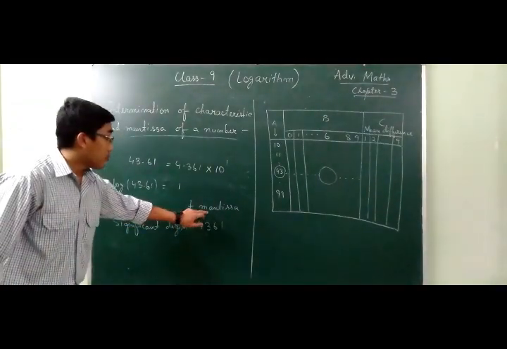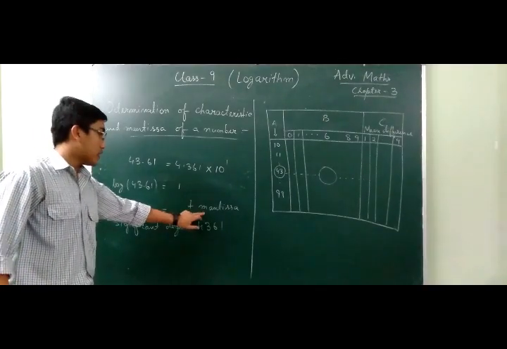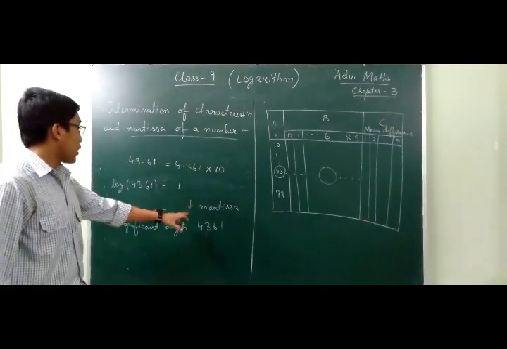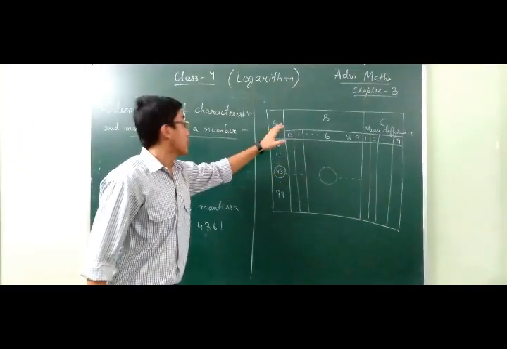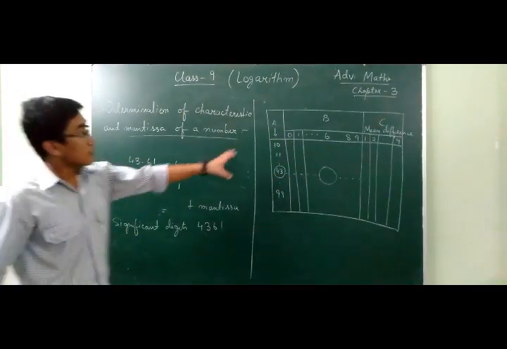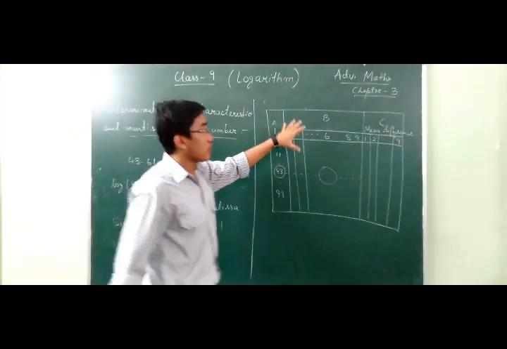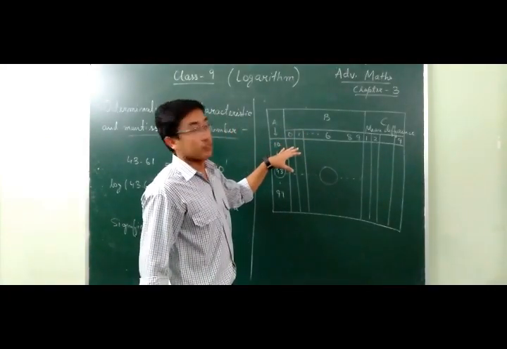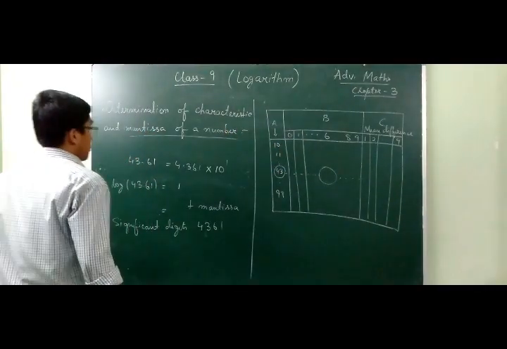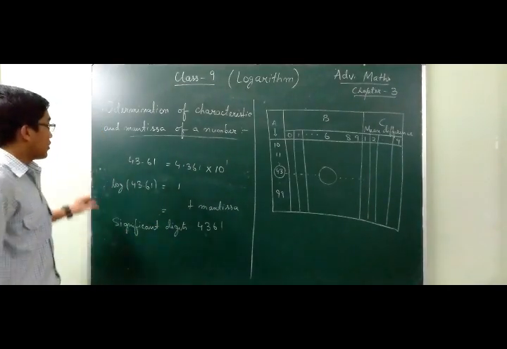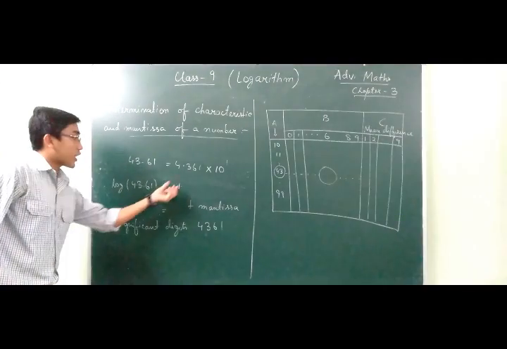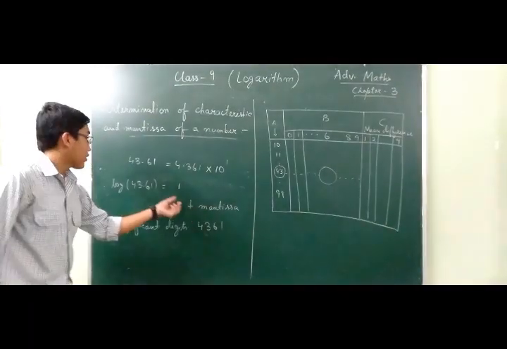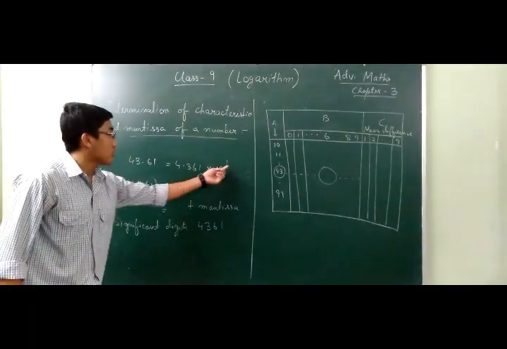Now what is this mantissa? To find the mantissa of this, we require the log table, which will be provided in the last page of your textbook. We know that log of a number is equal to characteristic plus mantissa. Now the characteristic we already know, that is 1.